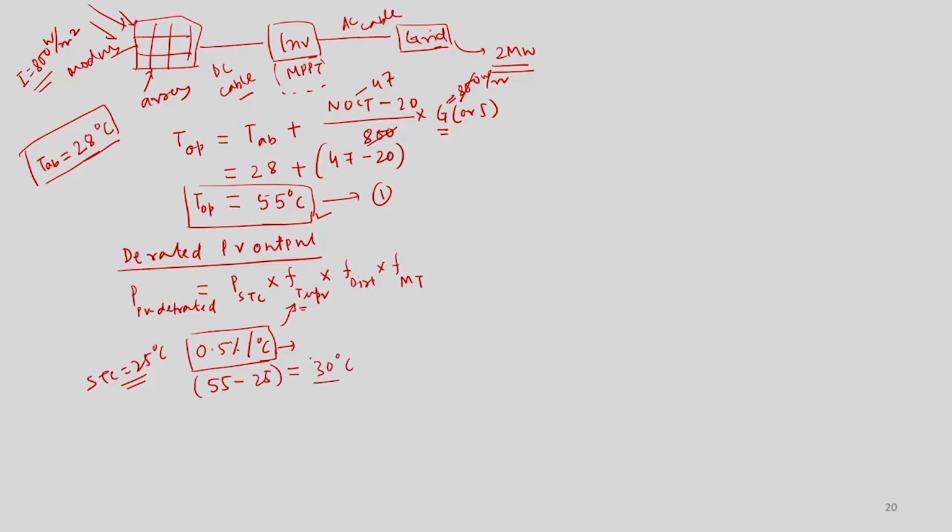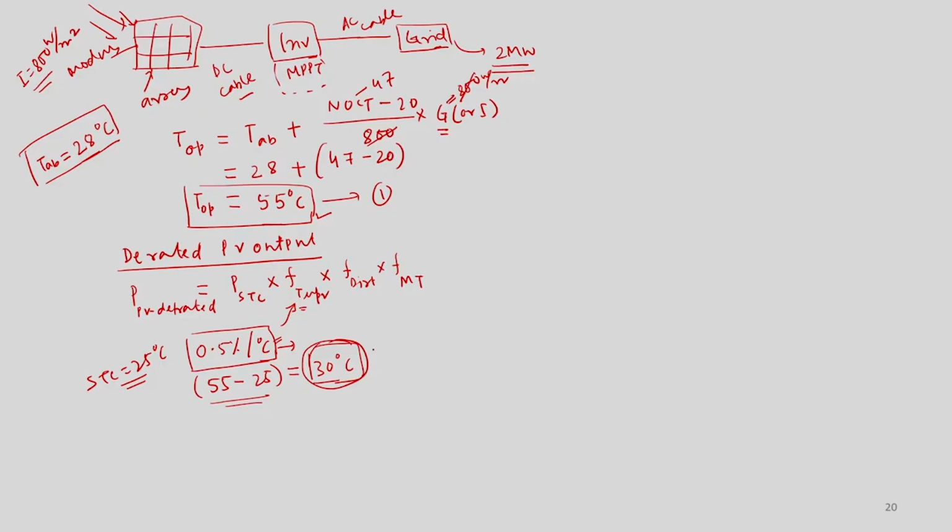If we operate at 25 degree C, there is no decrease in performance of the PV modules. Since it is more than 25, the rise in temperature needs to be considered. As we understand, for every degree rise in temperature, there is a decrease of about 0.5%.